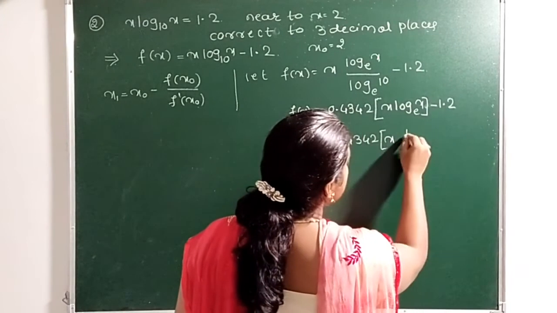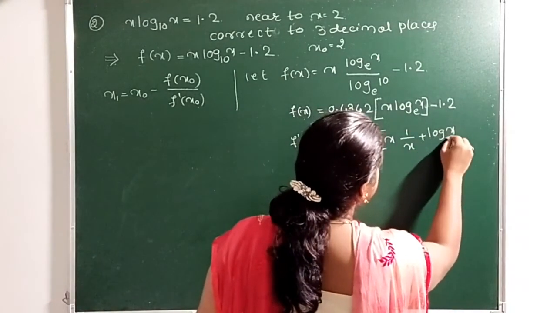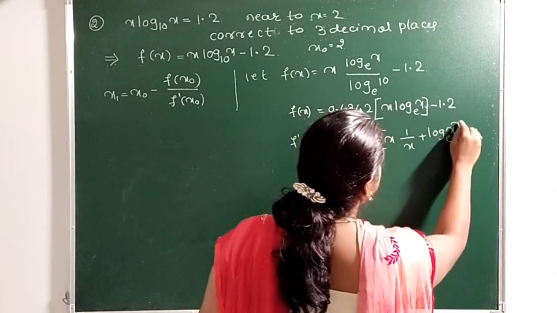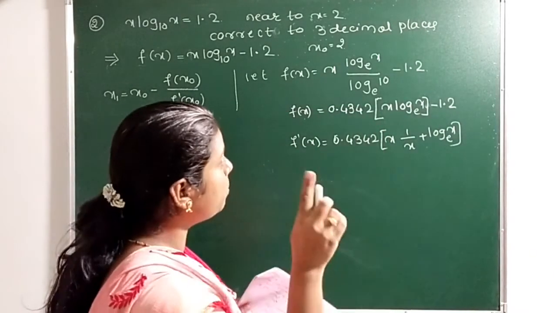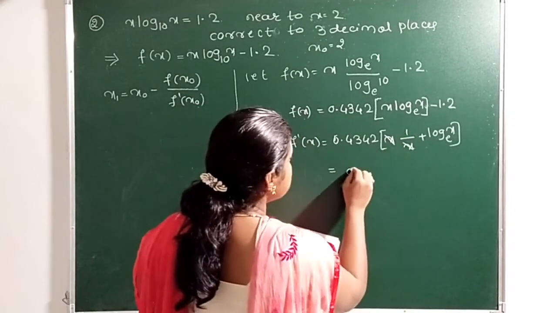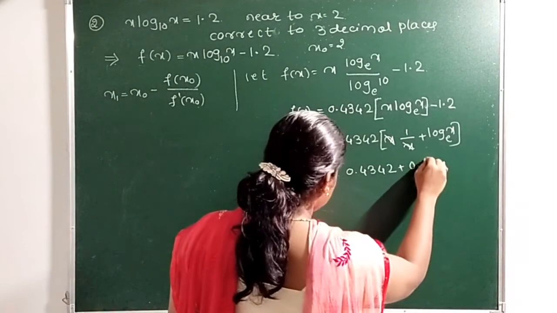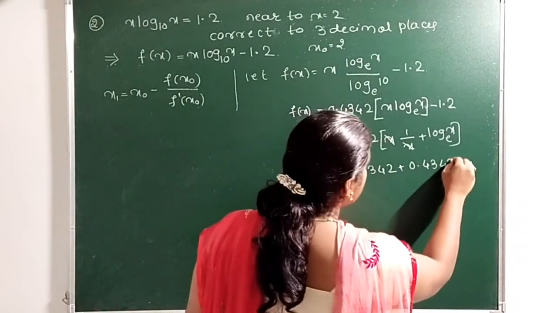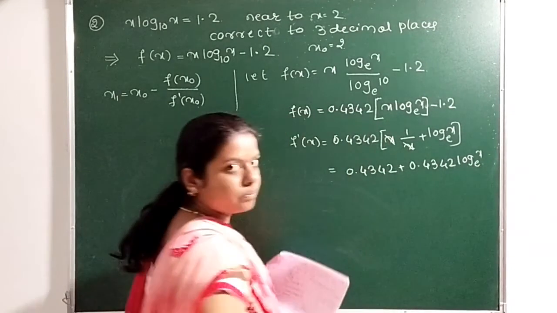Log x derivative is 1 by x, plus log x to the base e. x becomes 1, minus 1.2 becomes 0. This value gets cancelled. 0.4342 plus 0.4342 log x to the base 10.